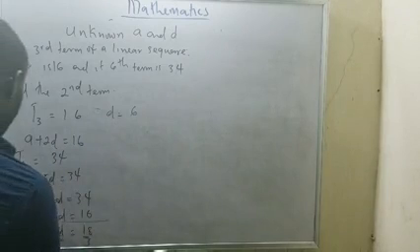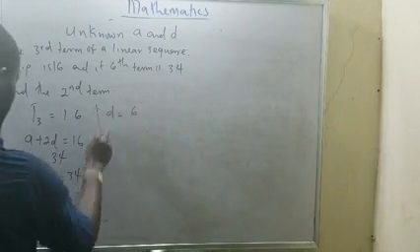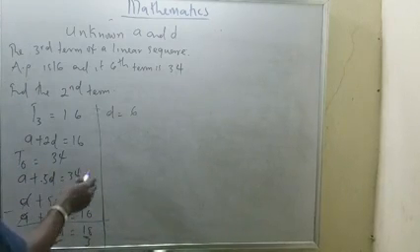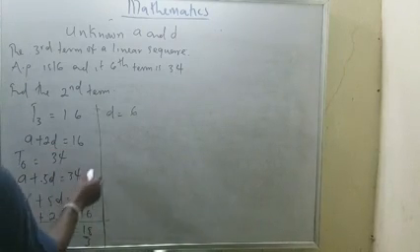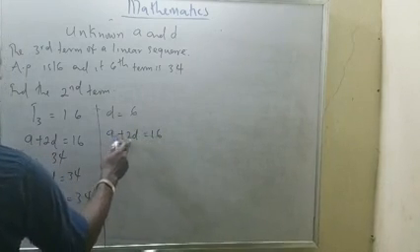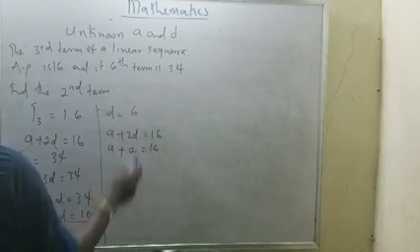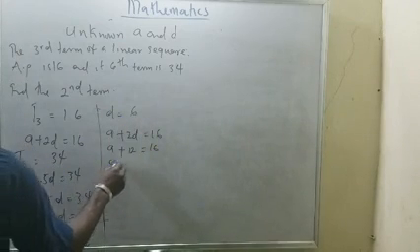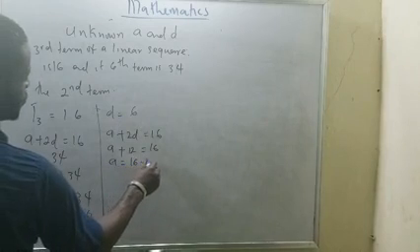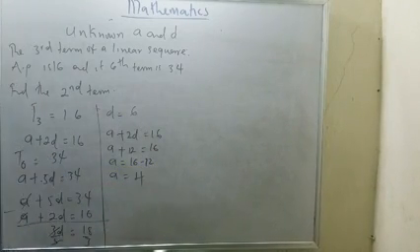Any of these equations I can use to find my a. The simplest is a plus 2d equals 16. This is a plus 12 equals 16, because d is already 6, it means a equals 16 minus 12, which is 4. My a equals 4.